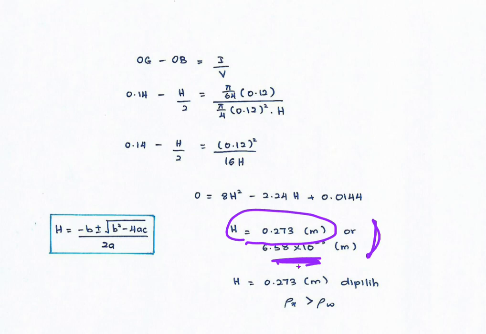So we take H as 0.273 meter here. Another reason why we choose H as 0.273 meter is because we assume that the density rho x here is greater compared to the density of water.